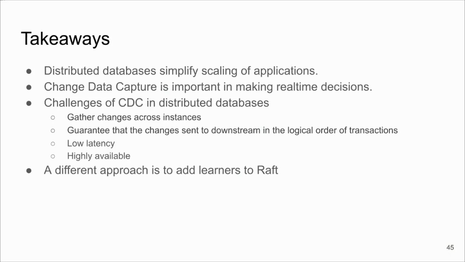But there are a couple of challenges for CDC in distributed systems: you need to gather changes across instances, and also guarantee that the changes are sent downstream in the logical order of transactions. You also need to make sure the system is highly available and has low latency. So you can roughly avoid them by using some other mechanism.